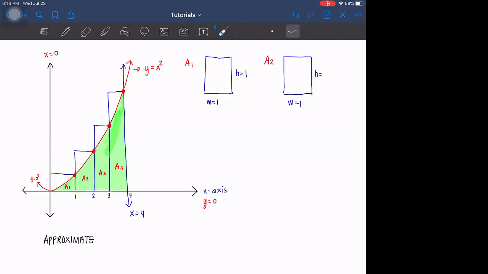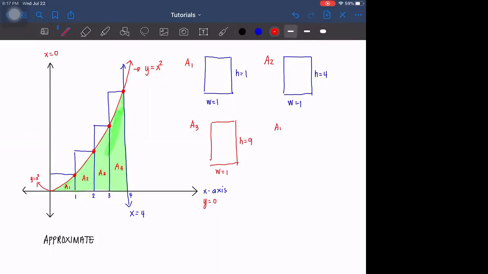So therefore, if x is equal to 2, then y is equal to 4. Okay? How about area 3? The width is still 1. The height of area 3 is 9. Do you get how to get the height? We substitute the x value into y equals x squared.